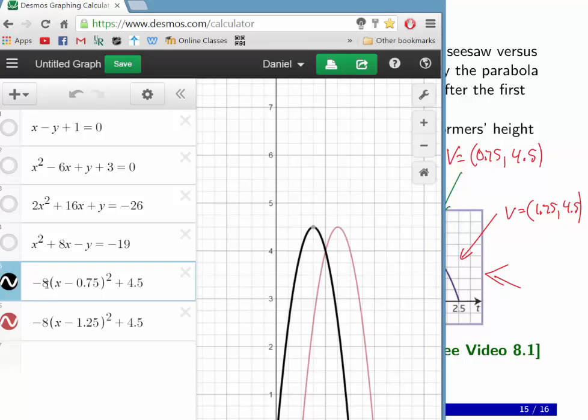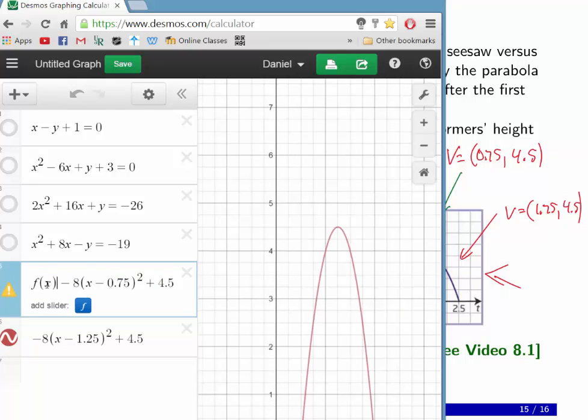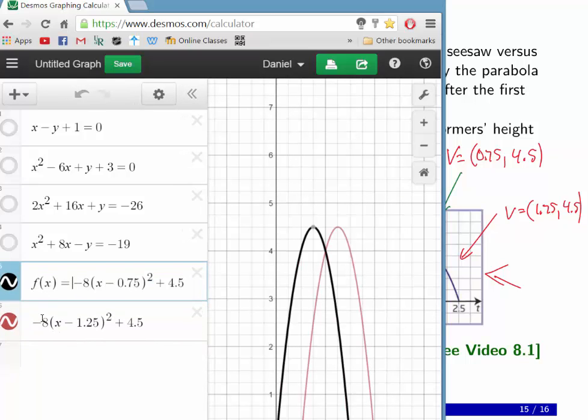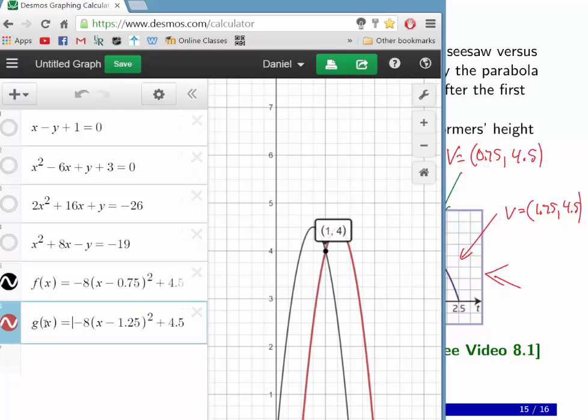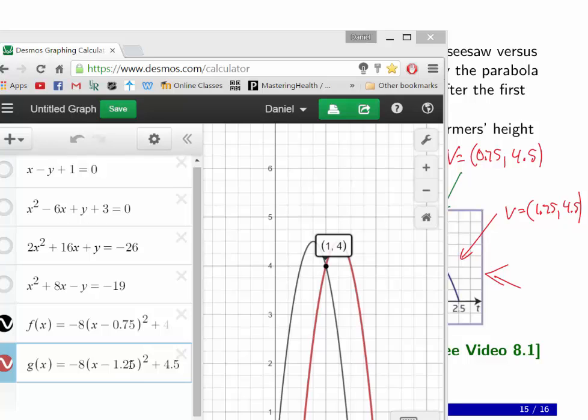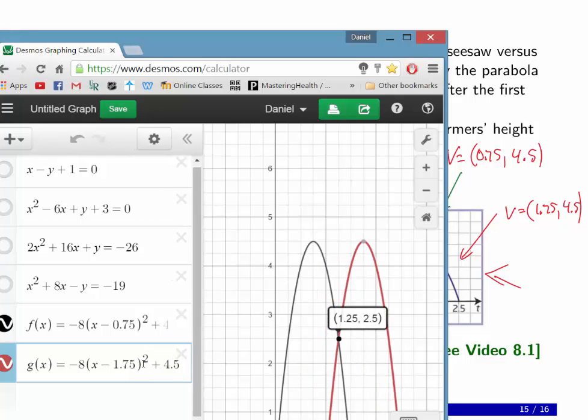Oh, that's because they're not equal to anything. Let's make this one equal to f of x. And let's make this g of x. And here's my mistake right here. This should be 7.5. There we go. Perfect. And now our intersection point comes to be 1.25 and 2.5.